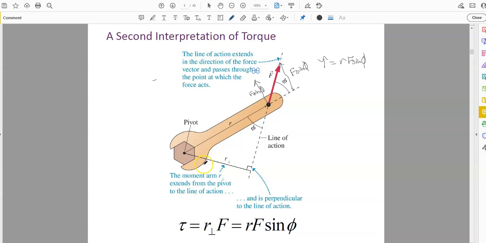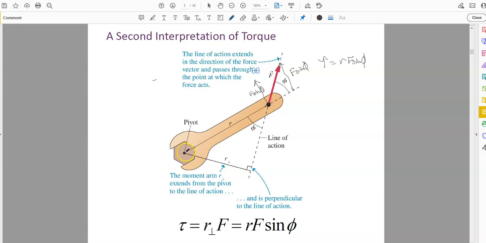Oftentimes if it's turned like this, it's kind of hard to picture things, and a lot of times they'll give you the angle here, theta or phi, and they'll give you the force going up at some angle like that.